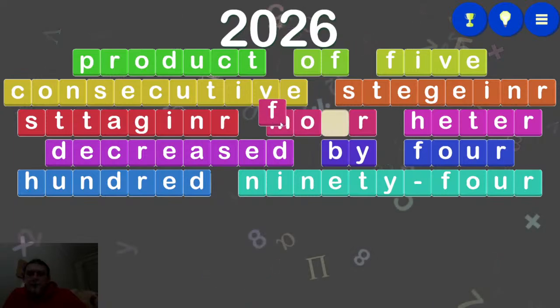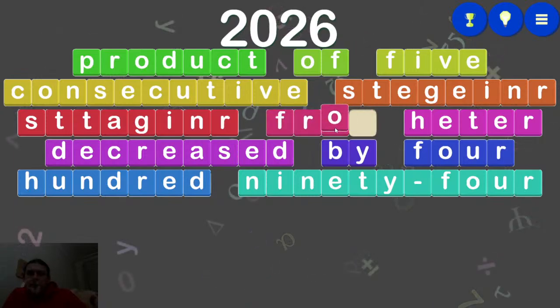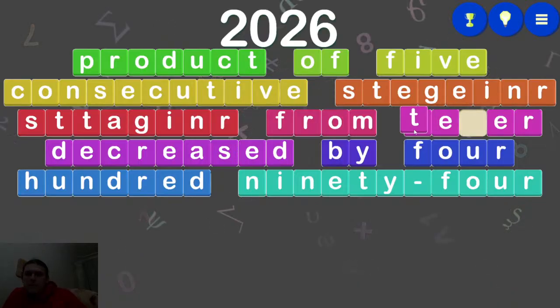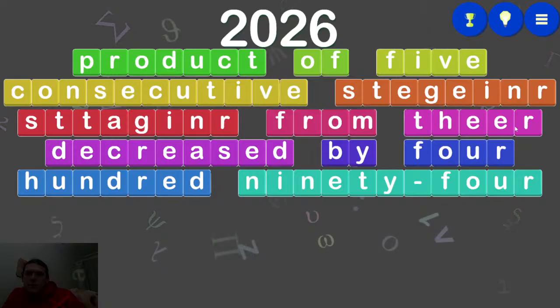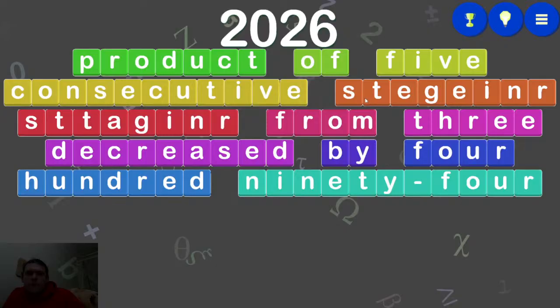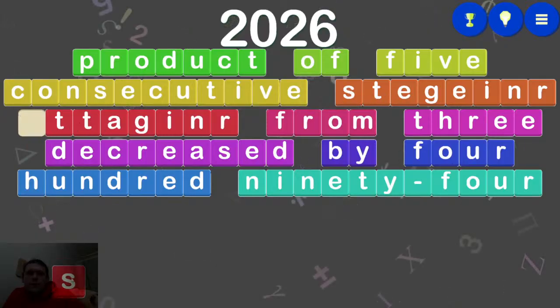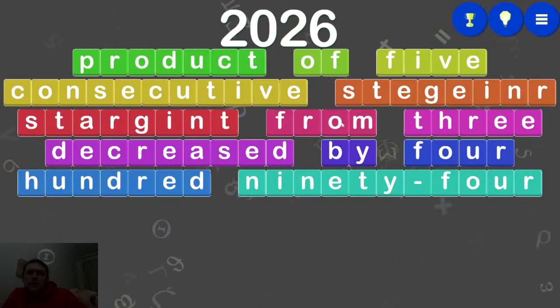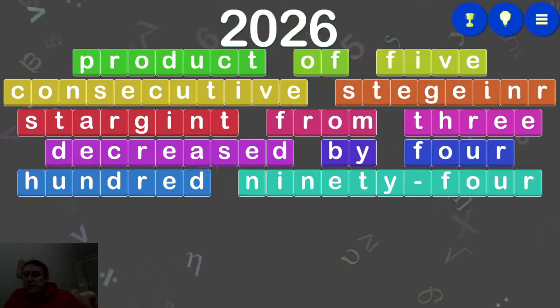Consecutive. Well, this should be from, yeah? From 3, starting. If we need 5 consecutive integers, it is like an integer number.